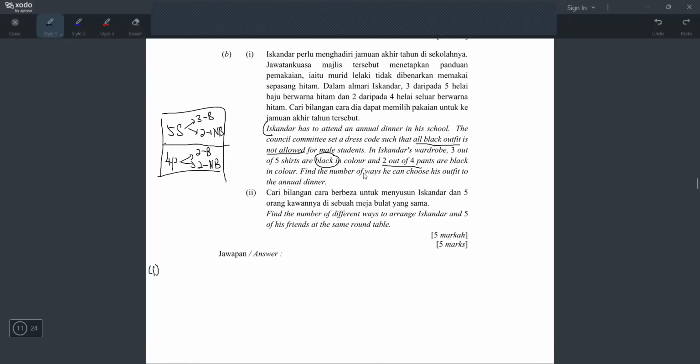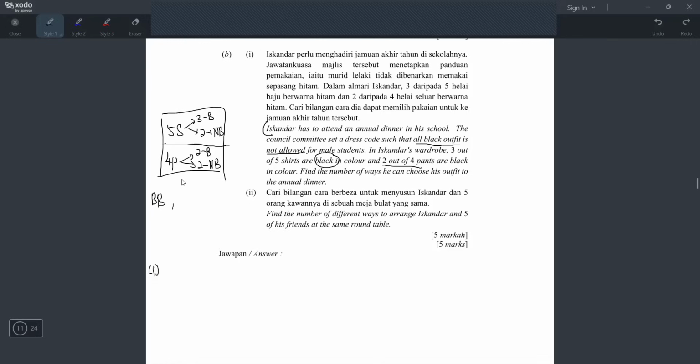And then it says find the number of ways he can choose his outfit to the annual dinner. Of course, the rule here is all black is not allowed, right? So let's write down all the possibilities first. Let's not look at the rule first. So maybe Iskandar can go there with a black shirt, black pants.